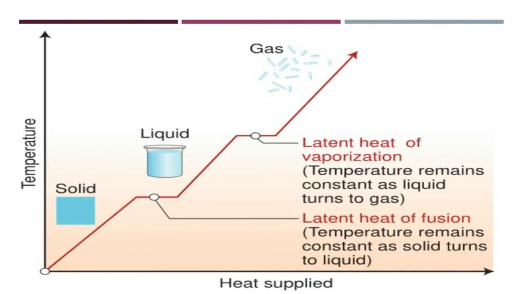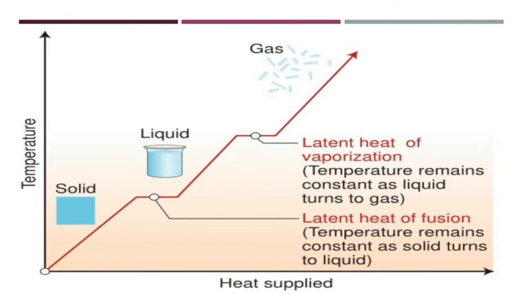In the above activity, temperature is constant at 0 degrees Celsius until the entire ice is converted into liquid and again constant at 100 degrees Celsius until all the water is converted into vapor. Why?